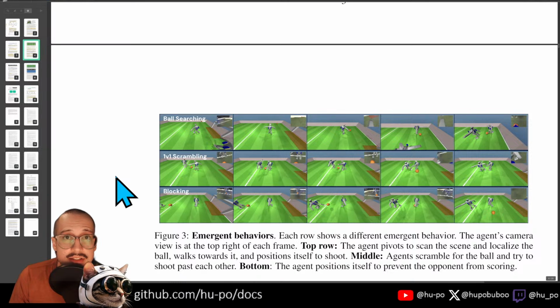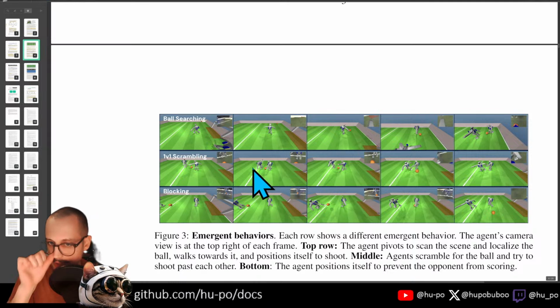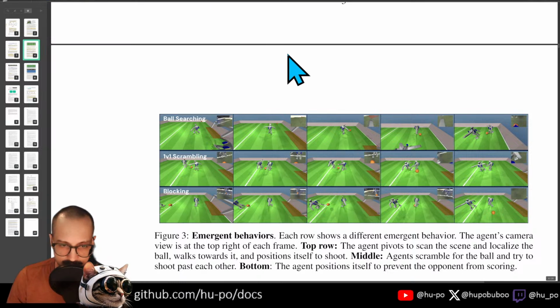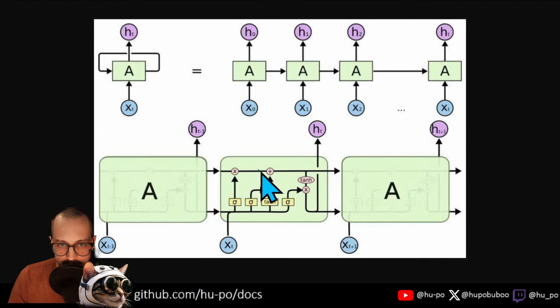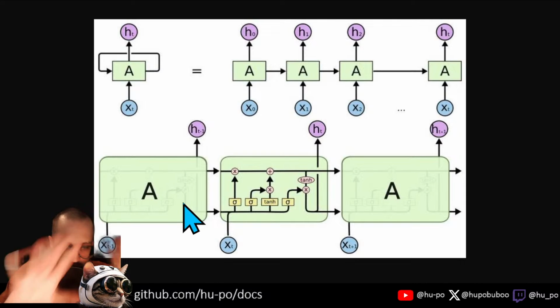LSTM versus Transformer. Isn't a Transformer a better architecture, given we attend to the past frames? Yeah, you could use a Transformer. There are plenty of robotics papers that use one. A Transformer is not quite a recurrent architecture like this, but you can use it like one, right? It consumes a sequence of things all at once, doing an attention computation between the entire sequence and the entire sequence.